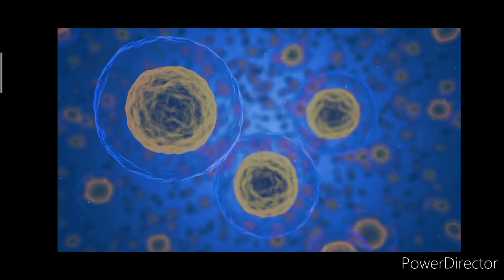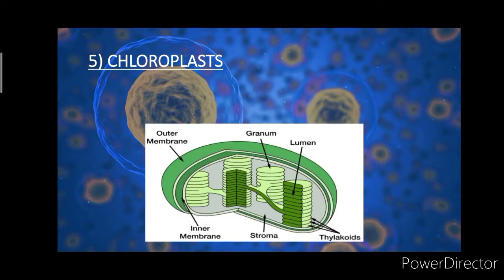The next organelle that we will be discussing after mitochondria is the chloroplast. Chloroplast looks somewhat like this. It is an oval shaped structure, a kind of elongated ball, with a double membrane.